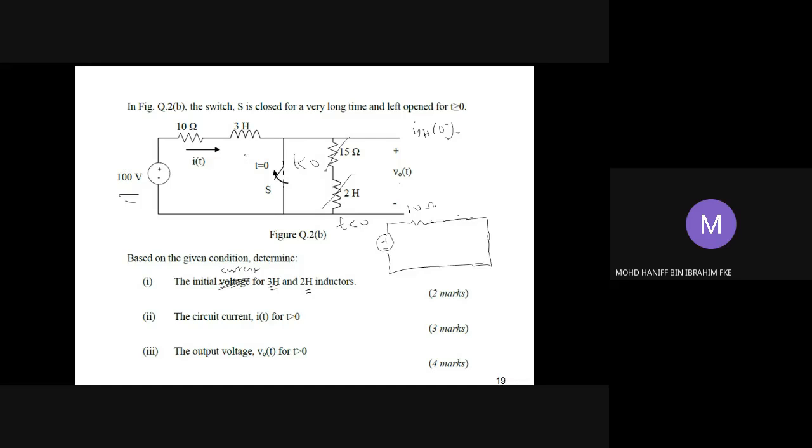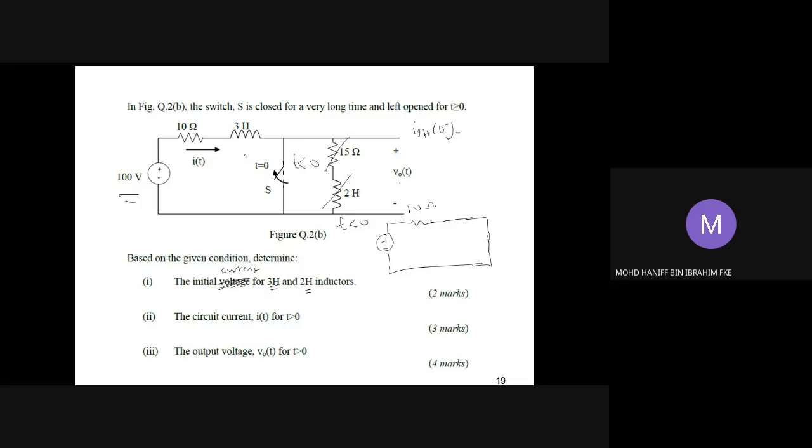It's supposed to be a short circuit because for t less than 0, we believe that the circuit has been in stable state for a very long time, because the source is a DC. When the source is DC, we know that for the inductors, when we have a DC voltage, you're going to have a short circuit. For a capacitor with a DC current, the capacitor will be an open circuit.